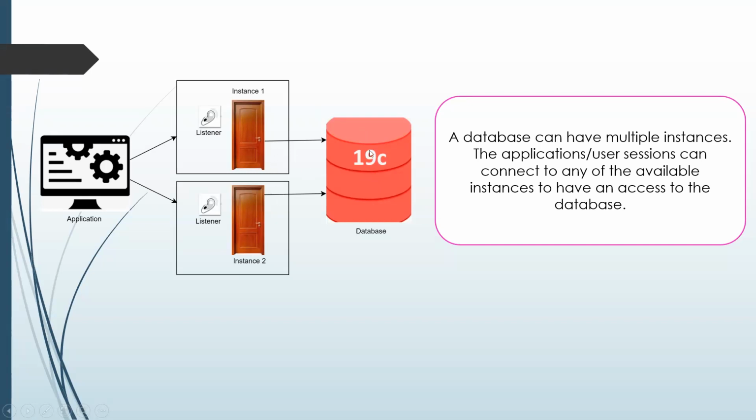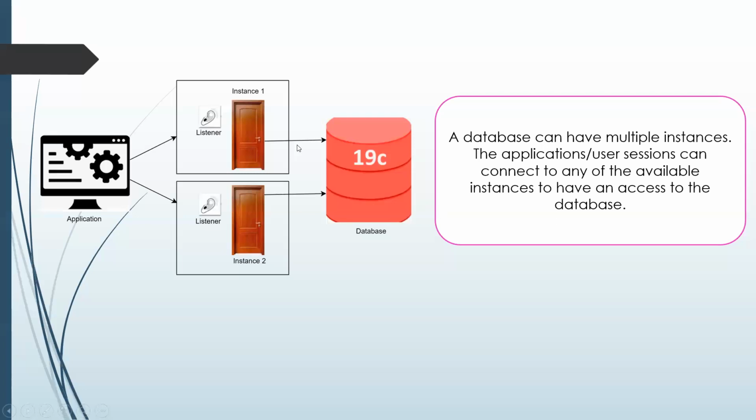Now here, if you see, I have represented only one database, but there are two instances. Why is it so? Because at any given point in time, a database can have multiple instances running on different servers. And why is that required?